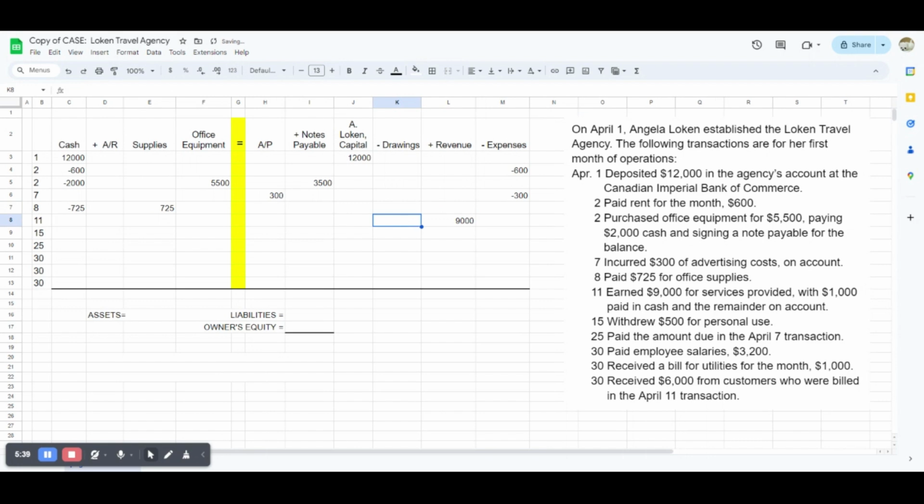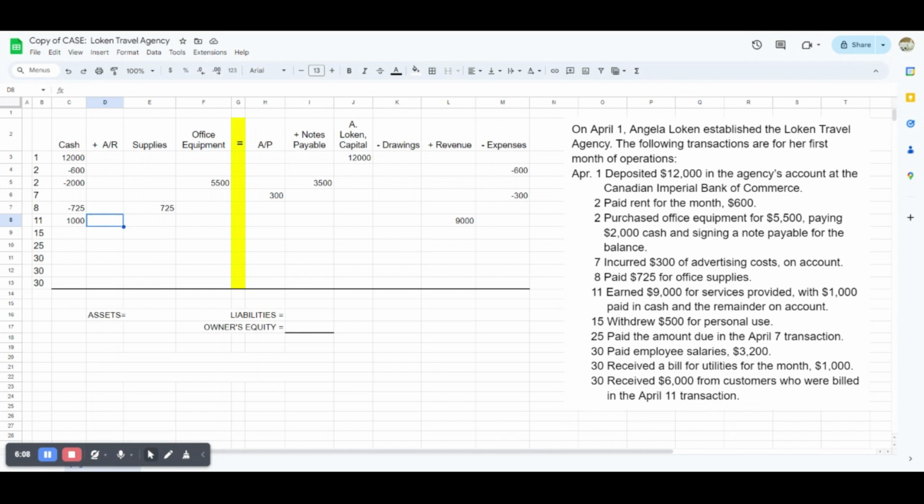And $1,000 paid in cash, that means the customer is paying you $1,000. So the cash is increased by $1,000, but they didn't pay all of it. So how much did they not pay? If you're supposed to get 9,000 and they only paid you 1,000, well, 9,000 minus 1,000 is 8,000.